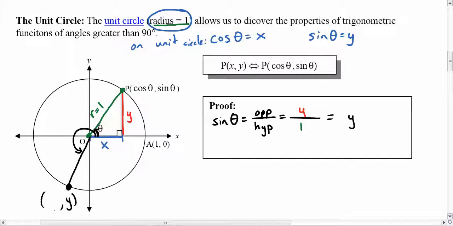The cosine is adjacent over hypotenuse. The adjacent side is x, and my hypotenuse is 1 because the radius is 1. So the cosine is x. And this works on any unit circle.